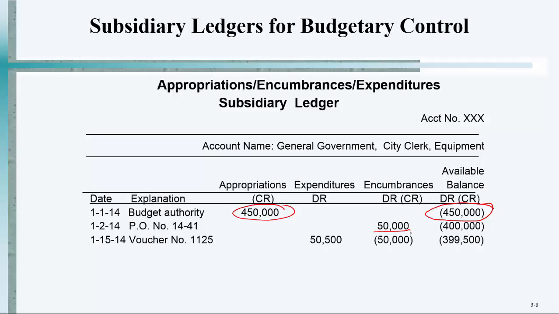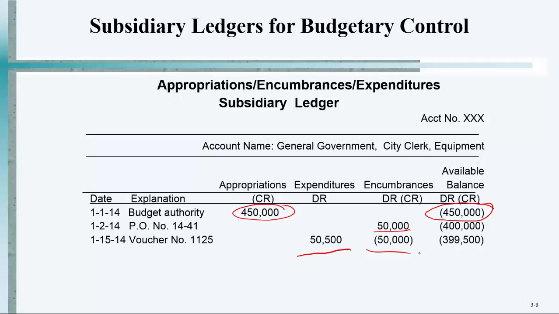So aren't we controlling our spending so we won't overspend our appropriation? That sits there saying we have budget authority available of $400,000, and then the actual amount comes in, doesn't it? When the actual amount comes in, remember we debited budgetary control and credited the encumbrance, so we reversed it out.